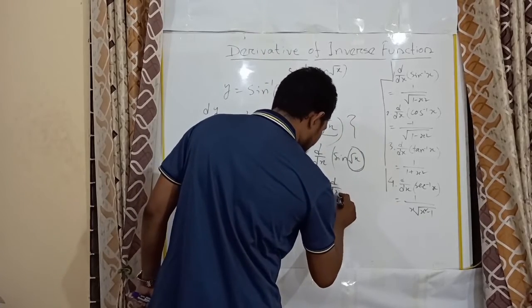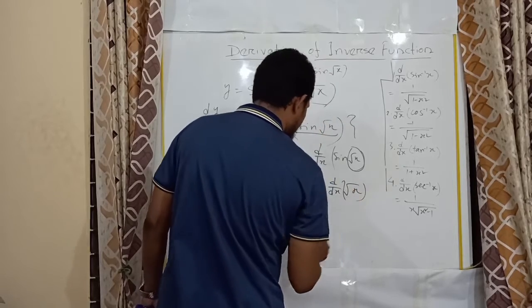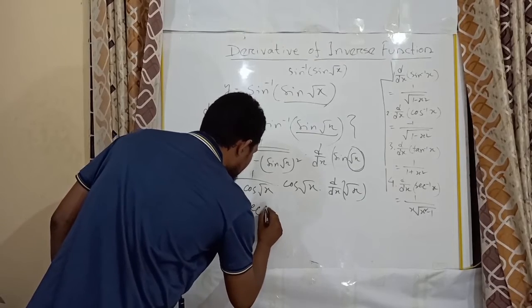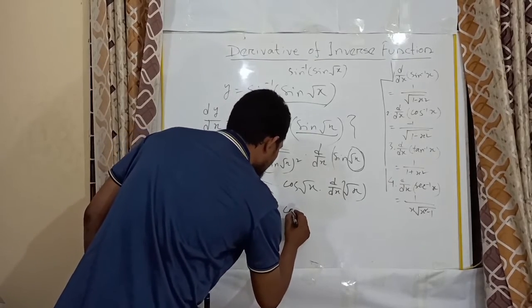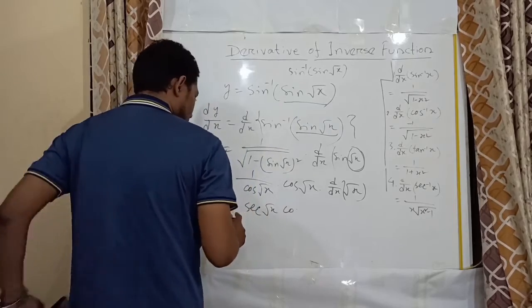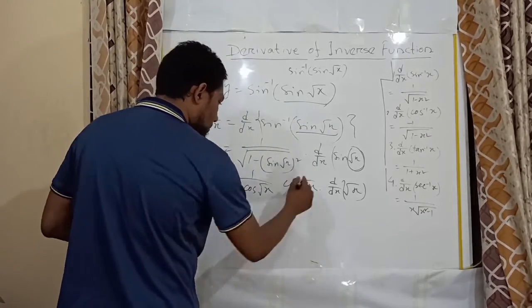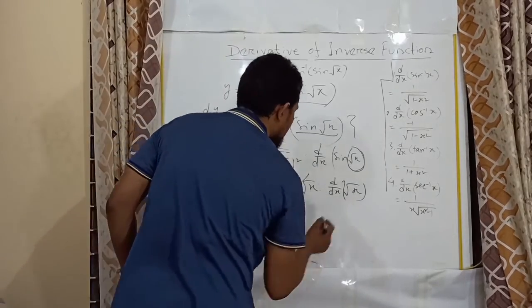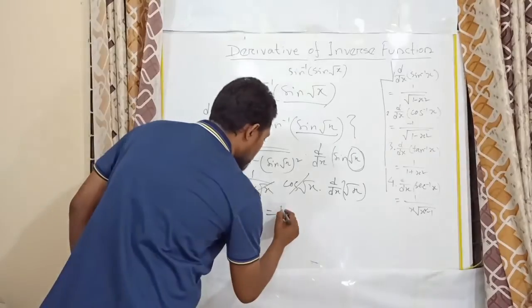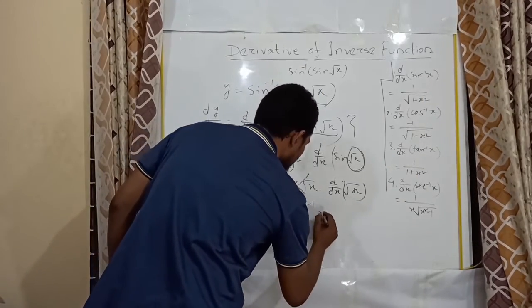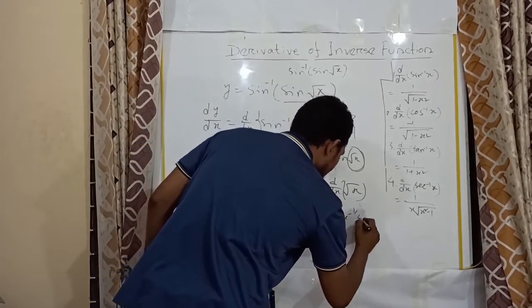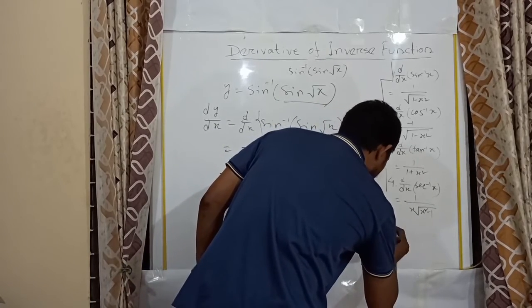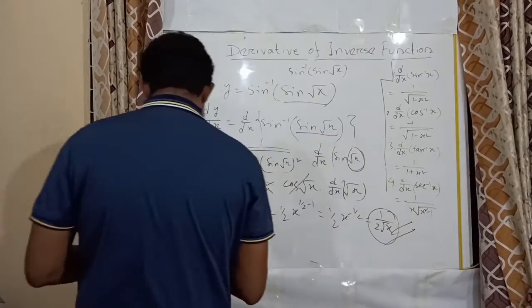So d/dx of root x. We will use the formula of x to the power n. So half x to the power half minus 1 equal to half x to the power minus half equal to 1 by 2 root x. So this is our required answer.